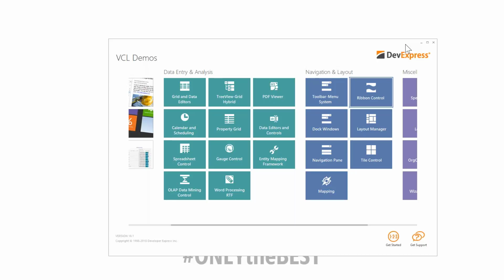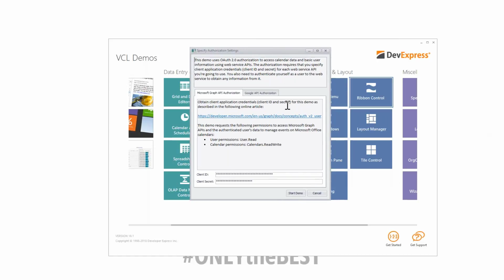When I start the demo, the first thing that pops up is a dialog which tries to explain what's going on. Essentially, in order to access these calendars, they're in the cloud, you have to provide some kind of authentication.